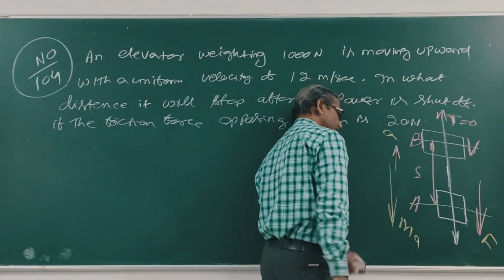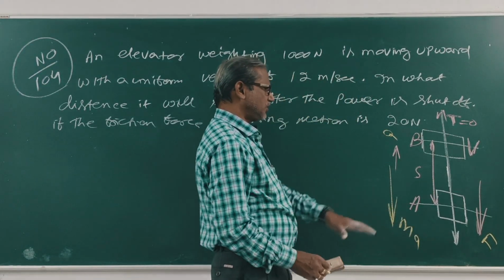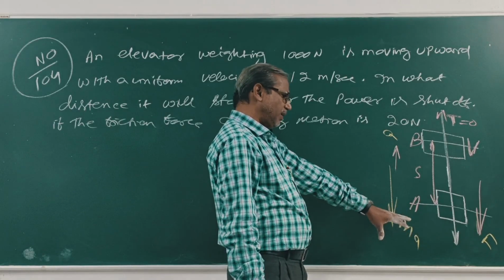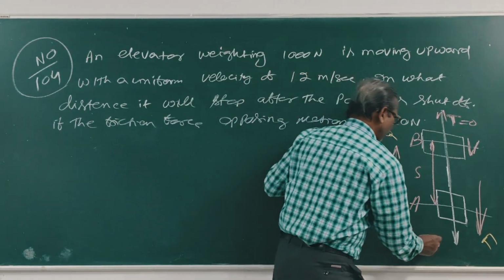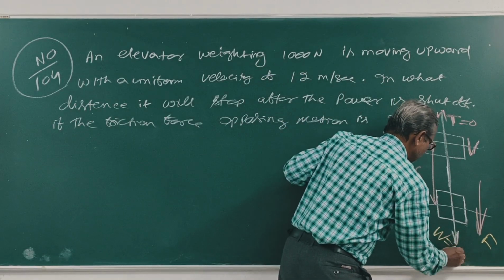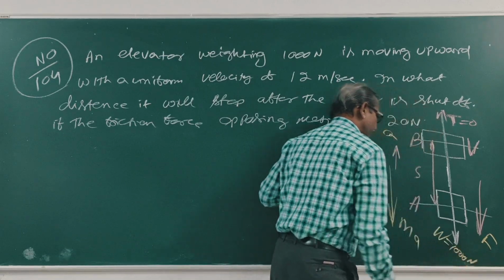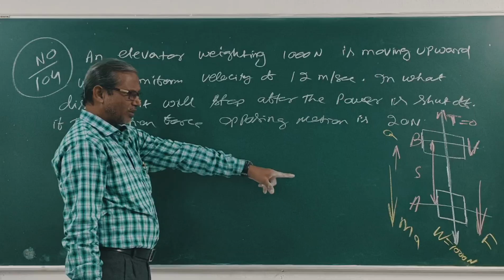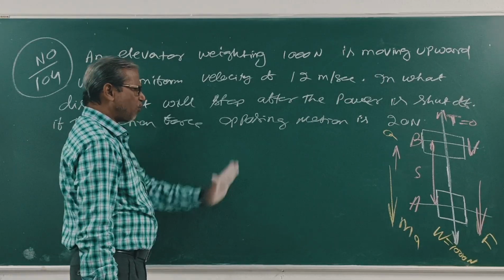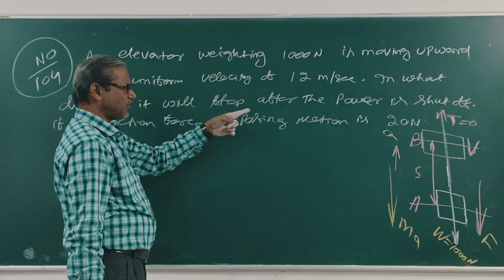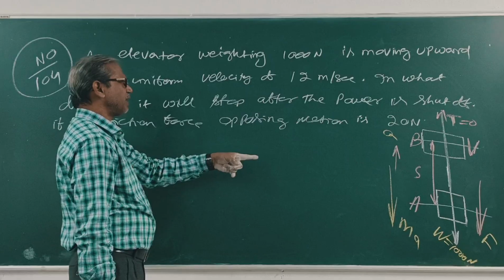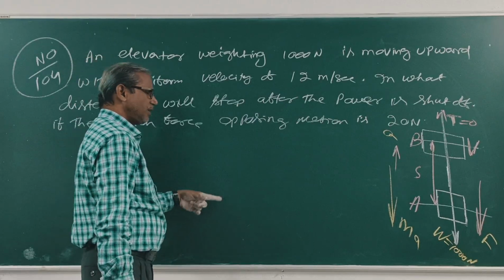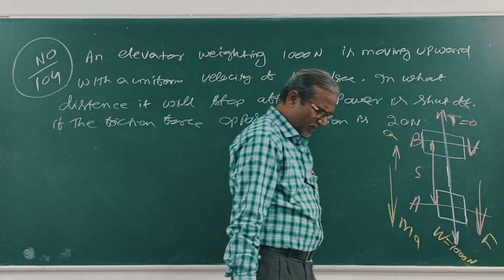Right? This is the question. An elevator weighing 1000 Newton is moving upwards with uniform velocity of 12 meter per second.